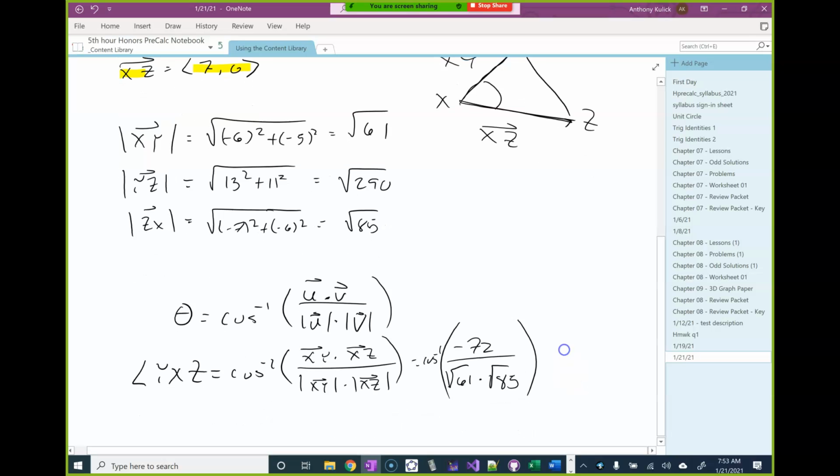So when I do that, that's about 179.20 degrees, which seems a little suspicious, but if you actually graph these 3 points, it's almost a straight line. So maybe not so surprising that the obtuse angle is close to 180 degrees if it almost looks like a straight line when you graph it.